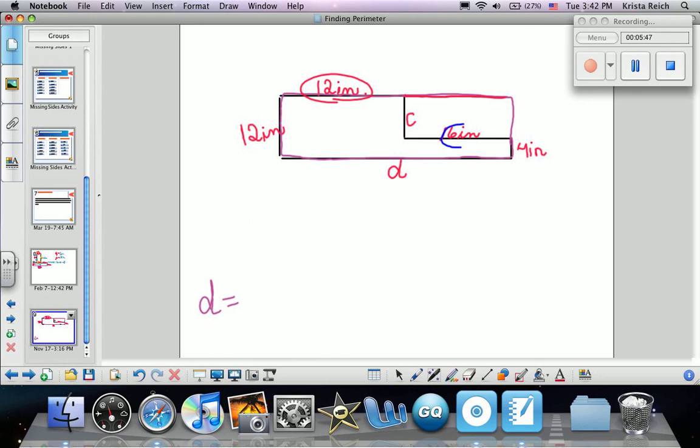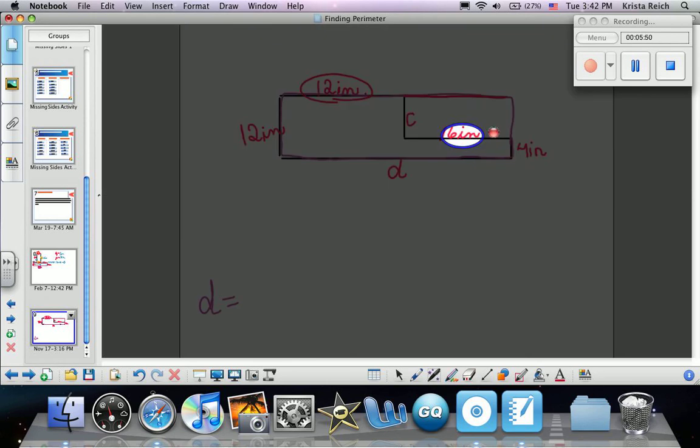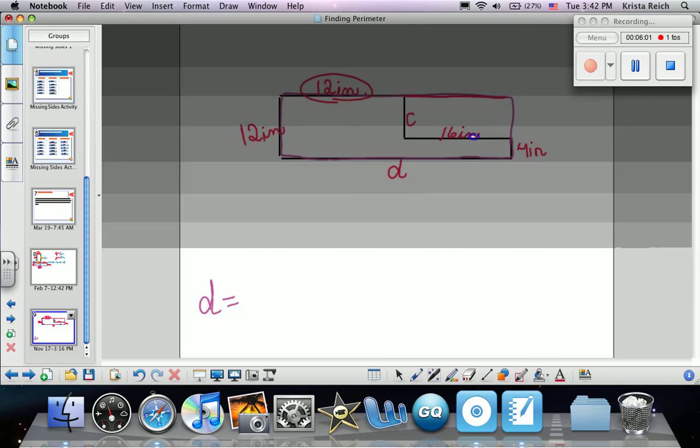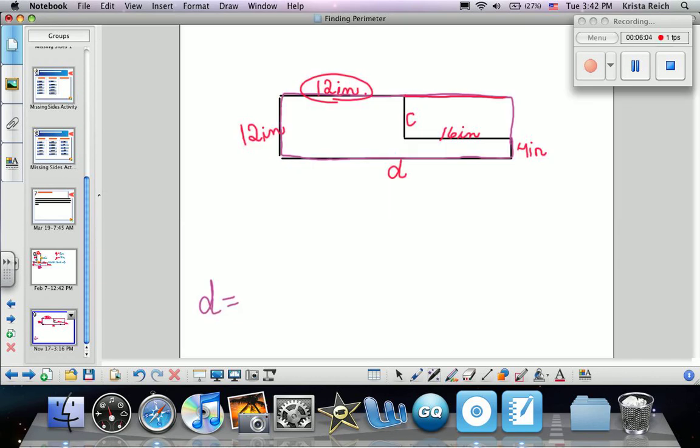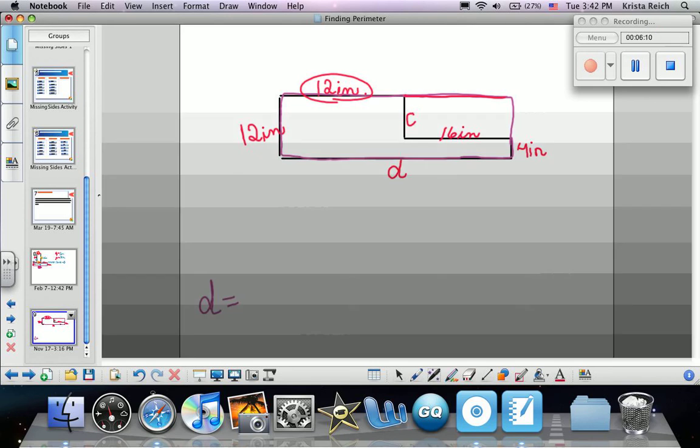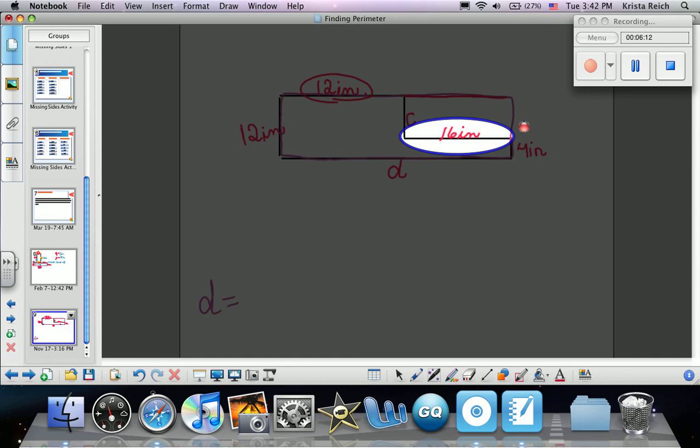This line right here corresponds with this one up here.